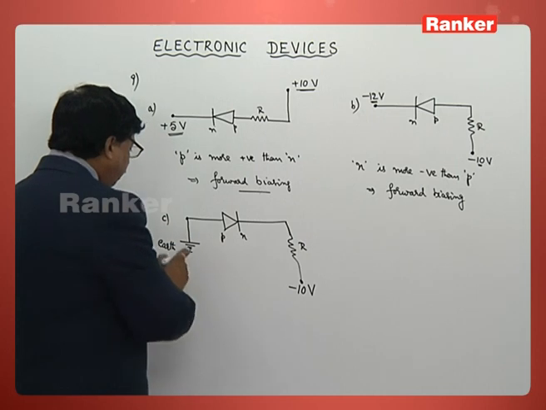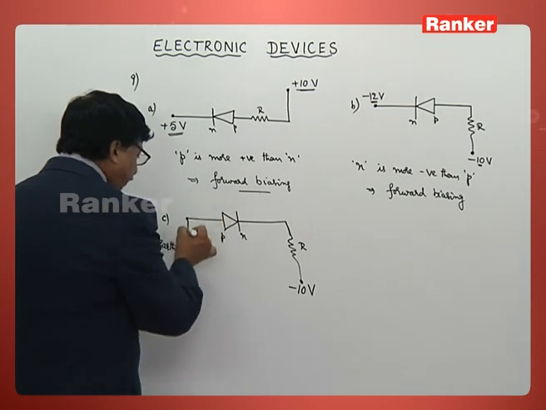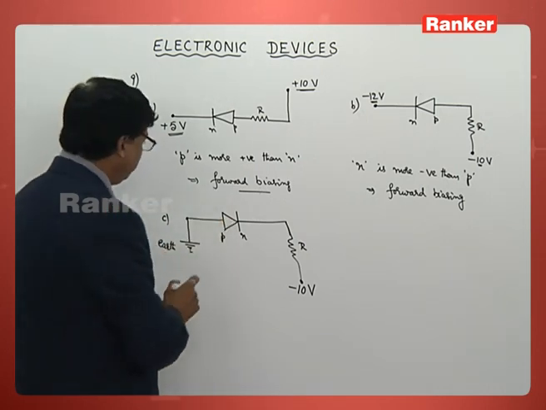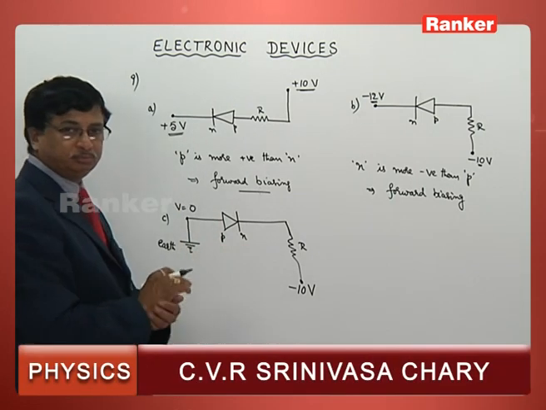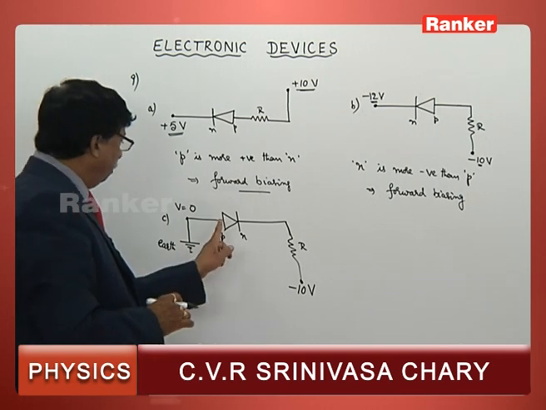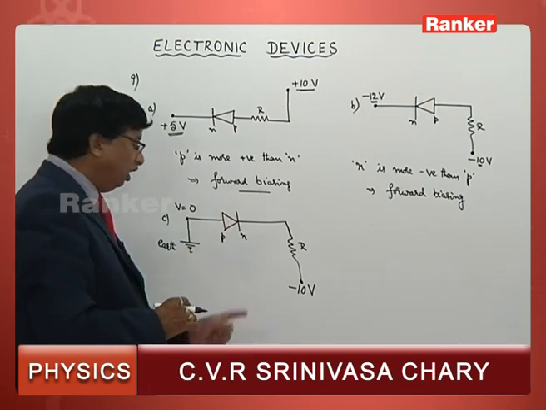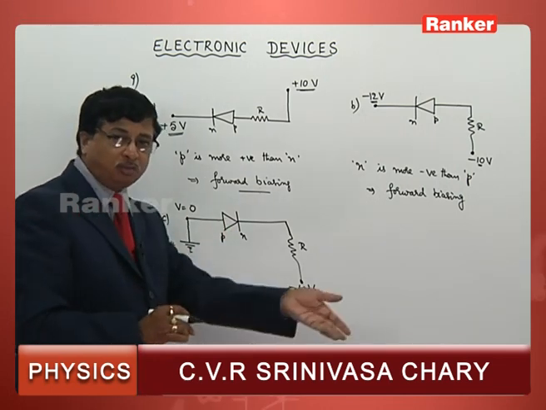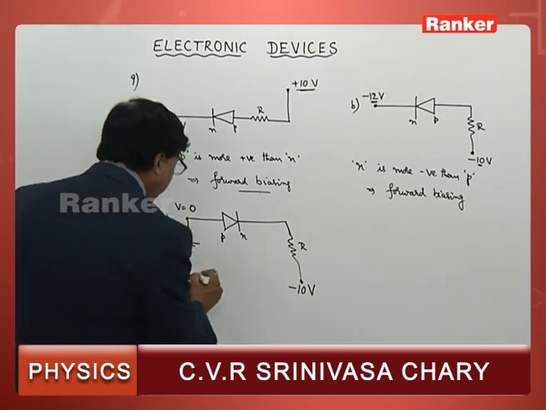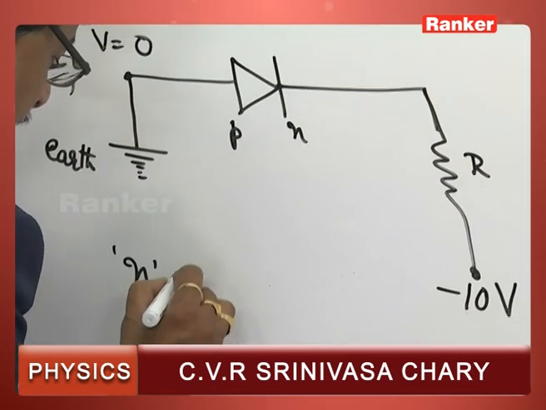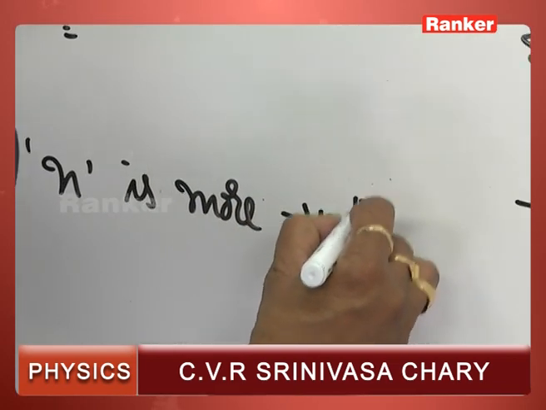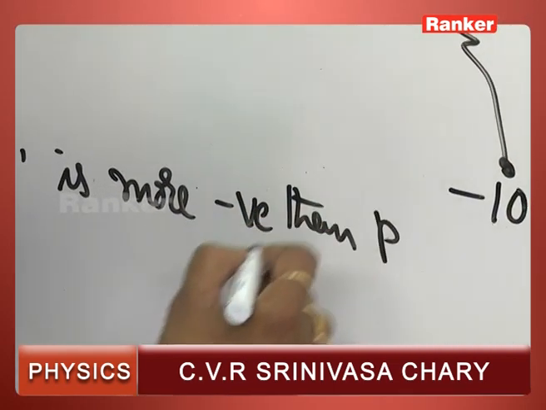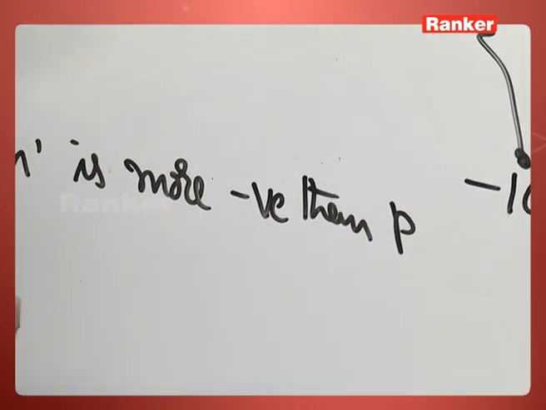Now look at carefully, the moment you are connecting this end directly to earth, what will be the potential at this particular point? 0. So P is at 0 potential, N is at minus 10 volt potential. So we can understand once again N is more negative than P. This is as well same like the second option.